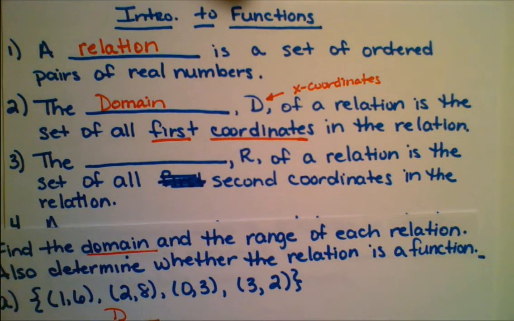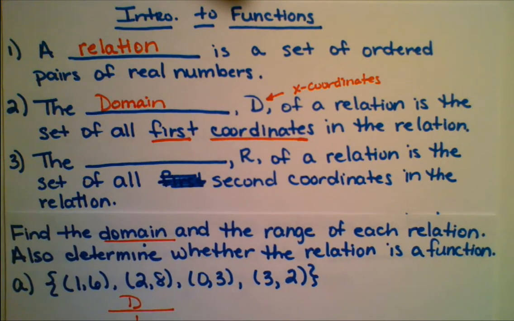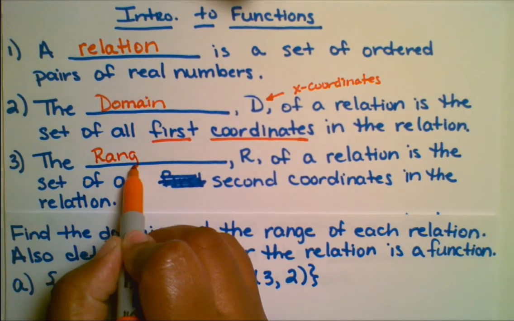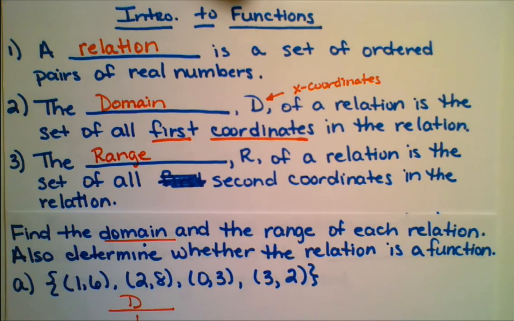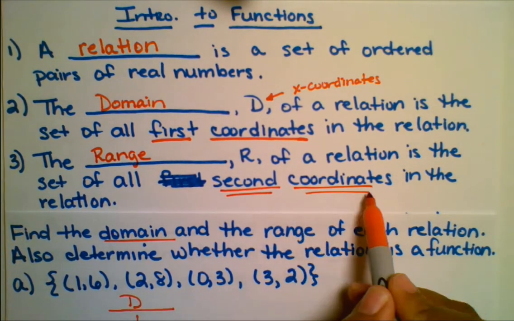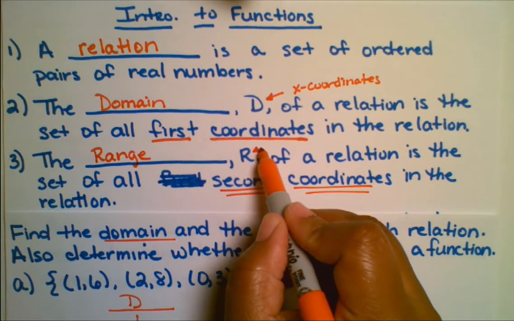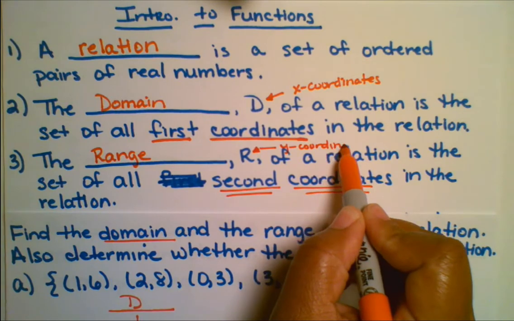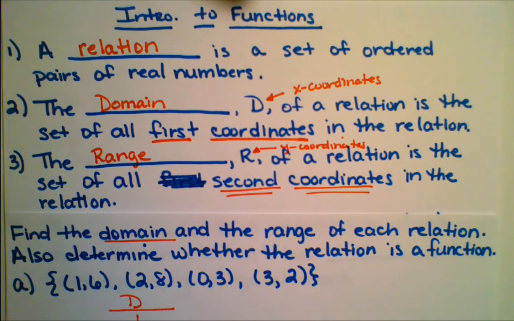Next, a set of vocab here. The range, we call R, of a relation is the set of all second coordinates, meaning all of the y coordinates in a relation.